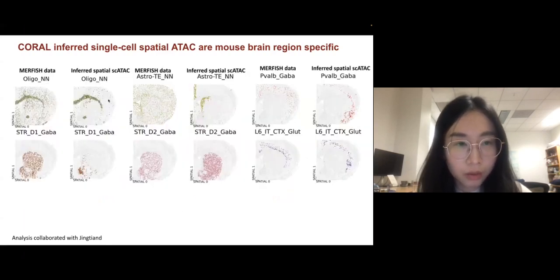We also compare how our inferred spatial ATAC cell distribution compares with MERFISH. We actually see comparable results between individual cell types. Not all of them are exactly the same, but most of them are.